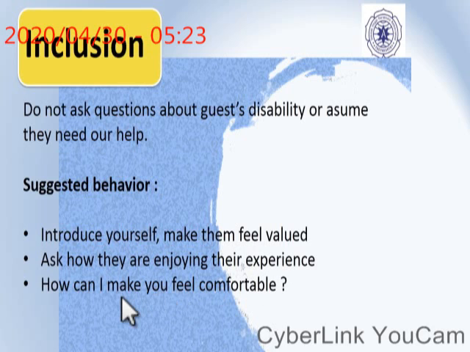For example, you can say, how can I make you feel comfortable? You just notice carefully their physical state. We don't need to ask about their disability.